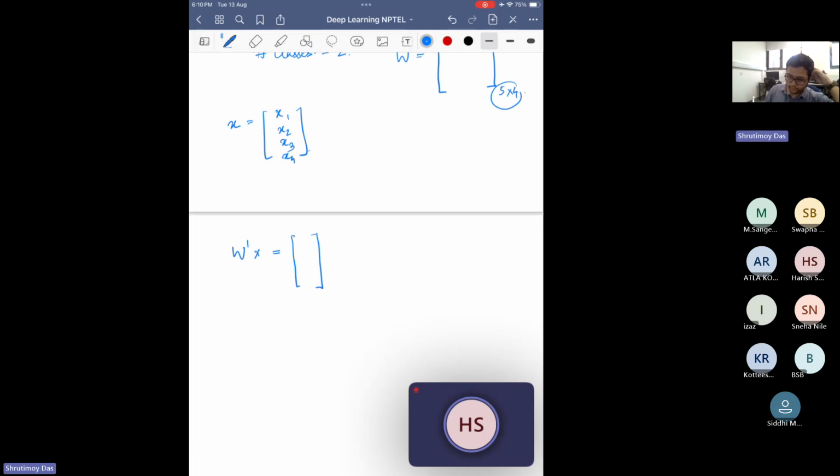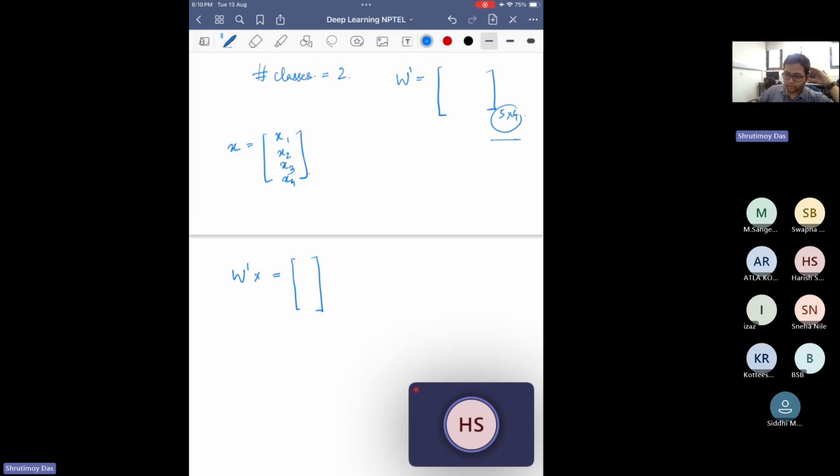What will be the size of this vector? Do you understand why this is 5 by 4 and not 5 by 5?